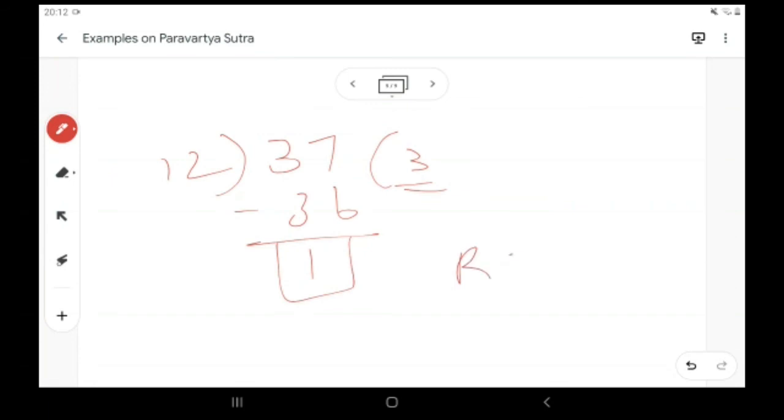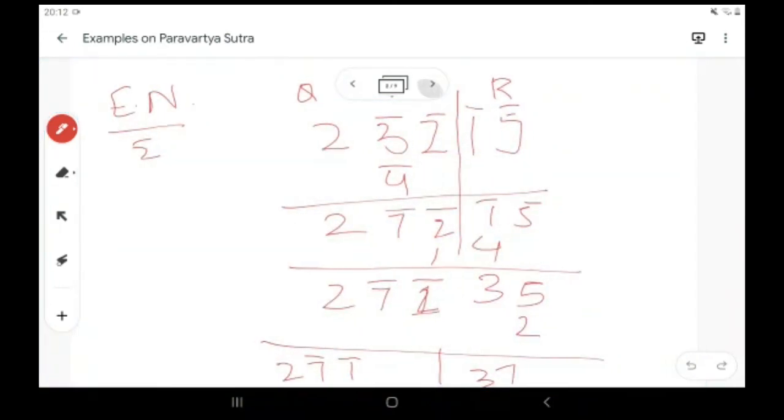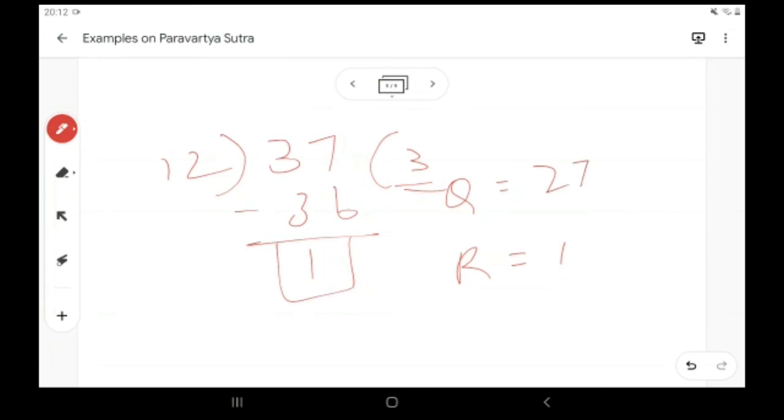So our remainder is 1 and the quotient will be 2, 7 bar, 1 bar plus 3. This 2, 7 bar, 1 bar is nothing but 200 minus 71. That's actually 129. Yeah, I think I'm correct.